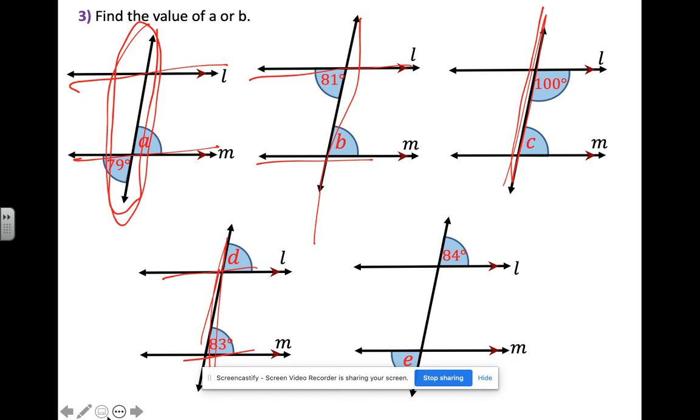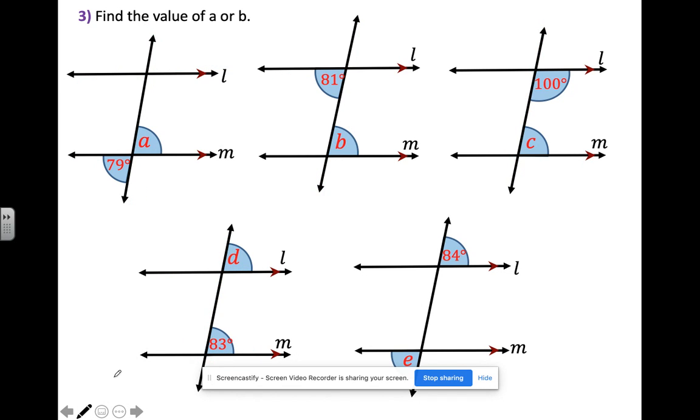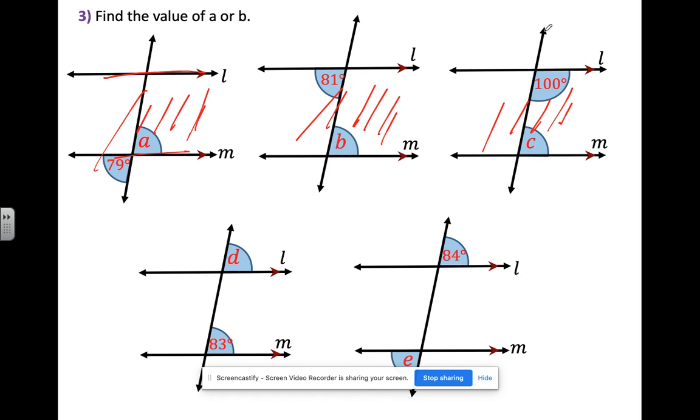So when a transversal line is cutting two parallel lines, there are many things that happen. Basically, you see all these angles, right? There's a relationship between them. Now, something to start is that in between the two parallel lines, all this area on the inside is called the interior. Outside, from here to the top and from here to the bottom, is called exterior.